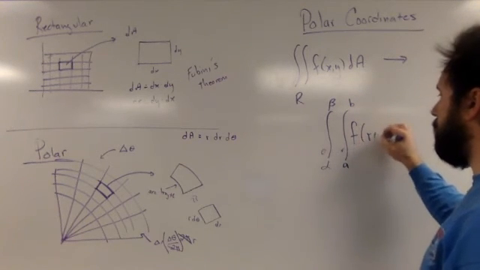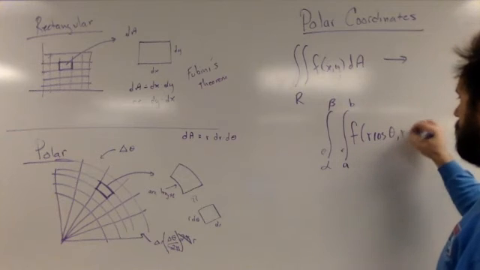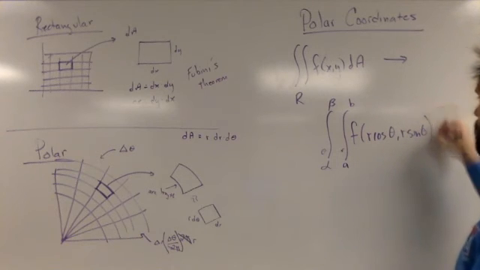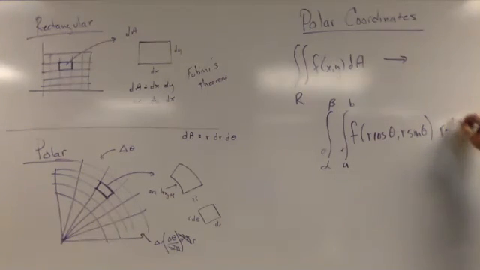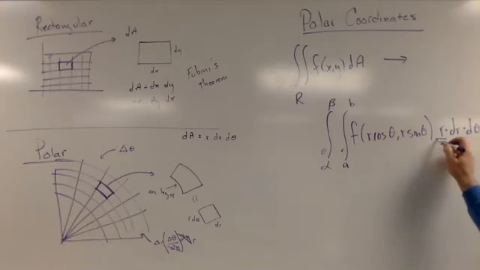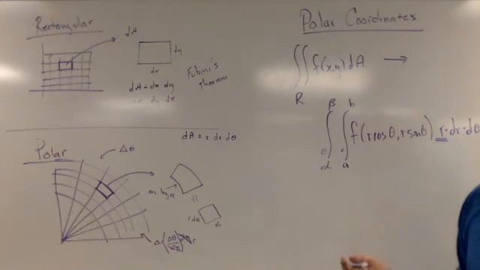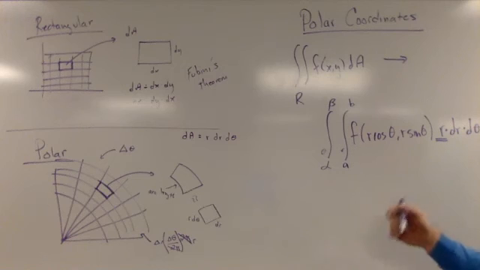That's f of r cosine theta, r sine theta. Then I have r dr d theta. So now here, when I do this, one thing to keep in mind, do not forget that r. One of the biggest, most common mistakes is you're going to forget the r when you're rewriting the integral.